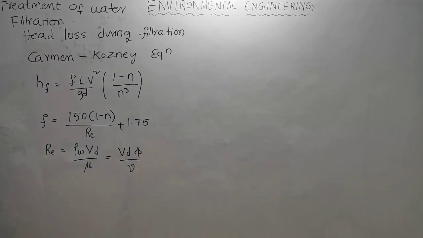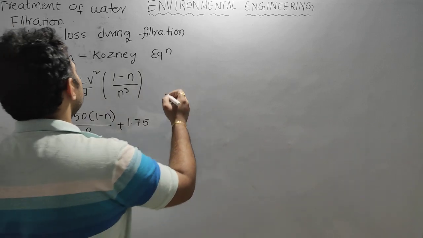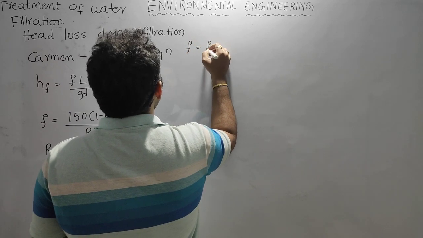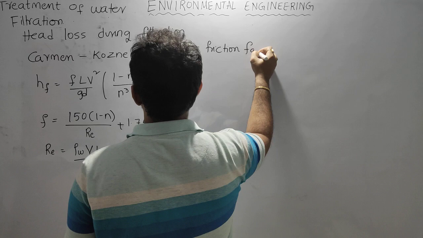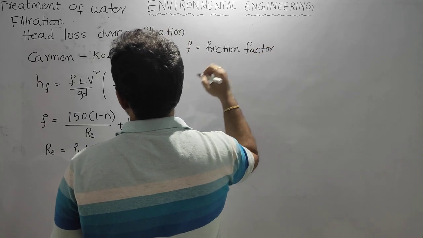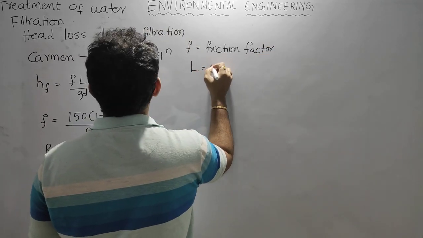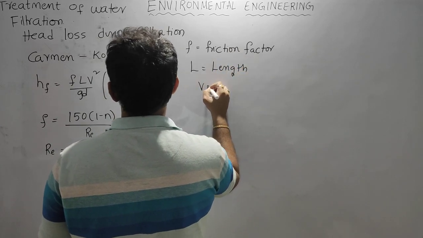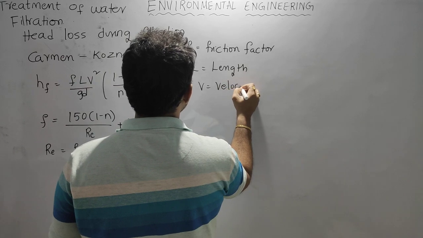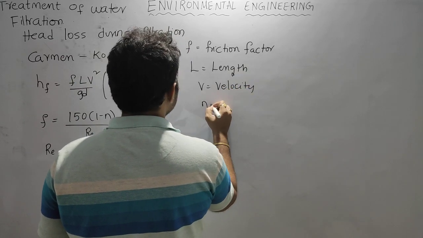Let us discuss each and every term here. F is the friction factor or friction coefficient, and L is the length. V is velocity. N is porosity.